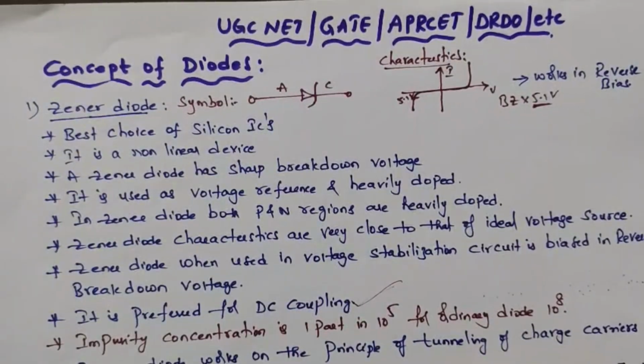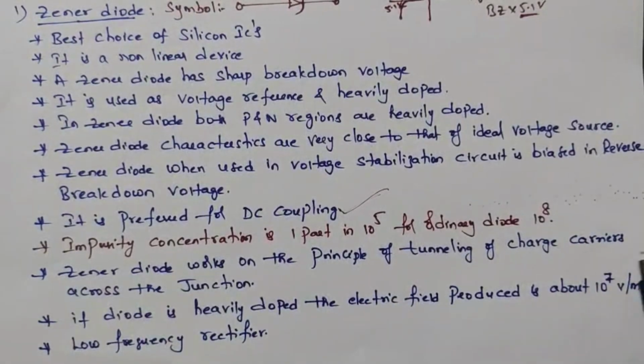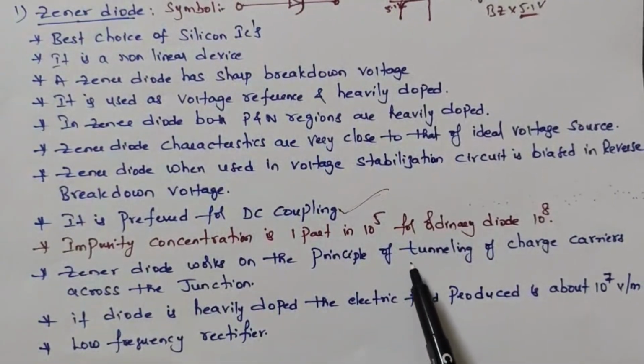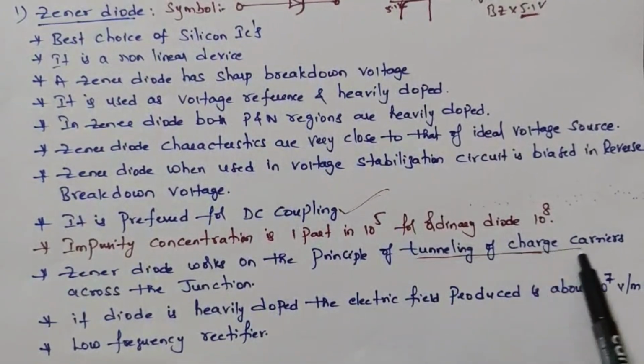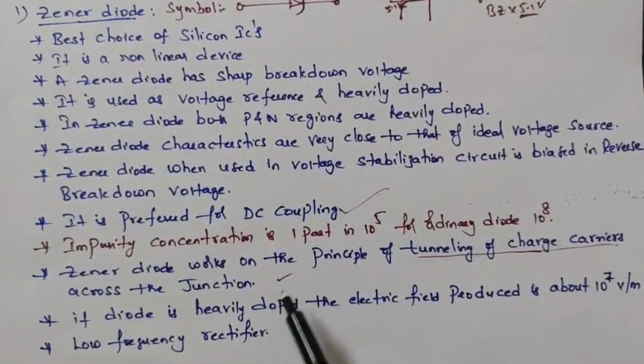Zener diode works on the principle of tunneling of charge carriers across the junction. So you may ask the question, Zener diode works on which principle? It is tunneling of the charge carriers across the junction. Okay, it is very important.